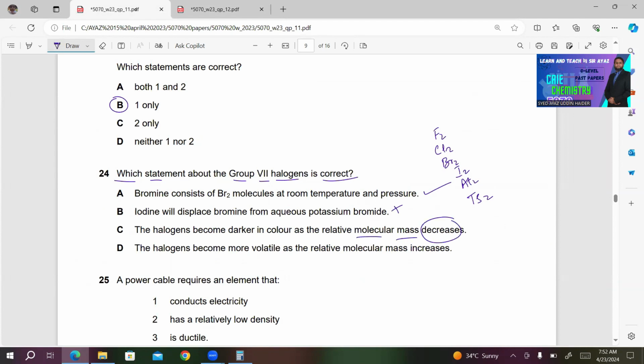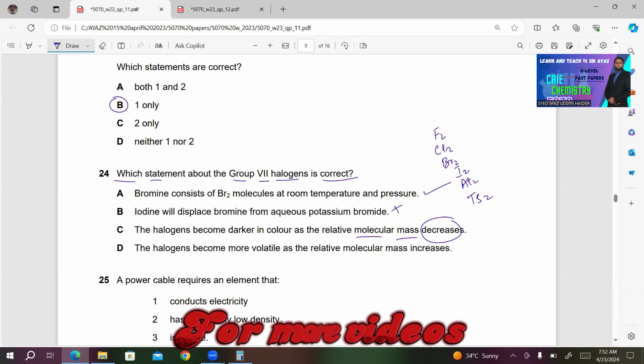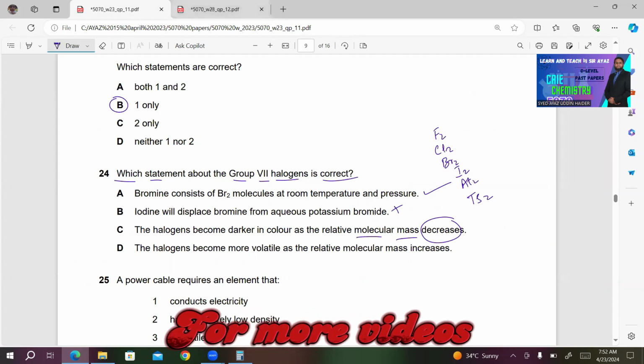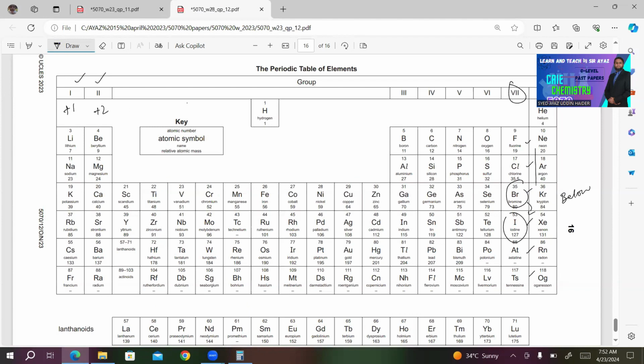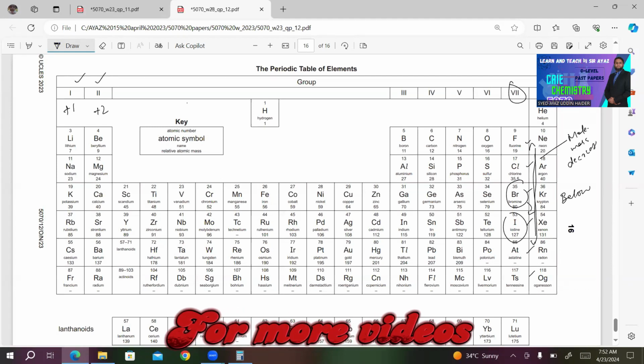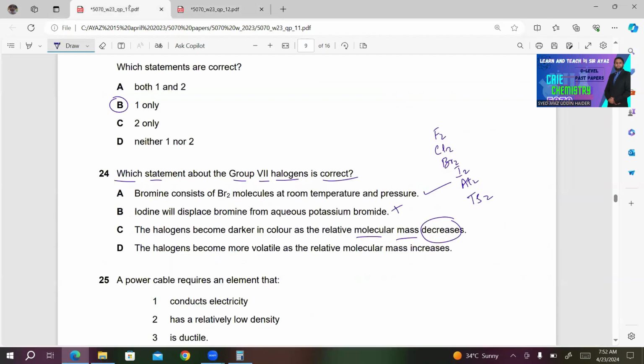This is incorrect because if the relative molecular mass decreases, the color becomes lighter. As you go down the group, the molecular mass increases. If you go up the group, the molecular mass will decrease, and color becomes lighter.